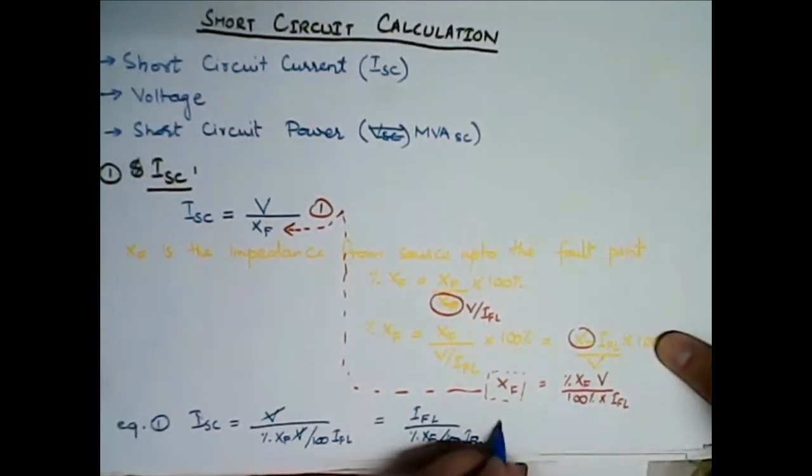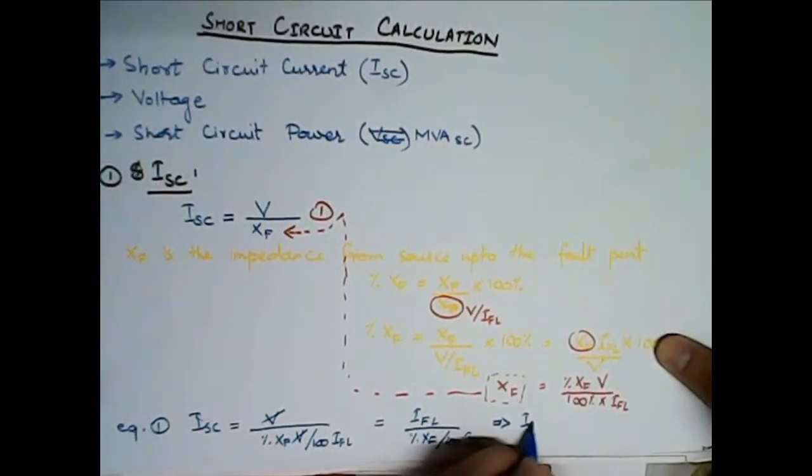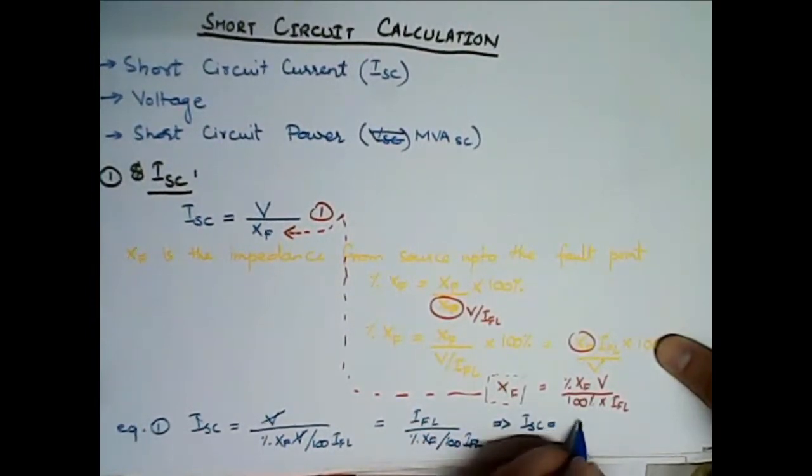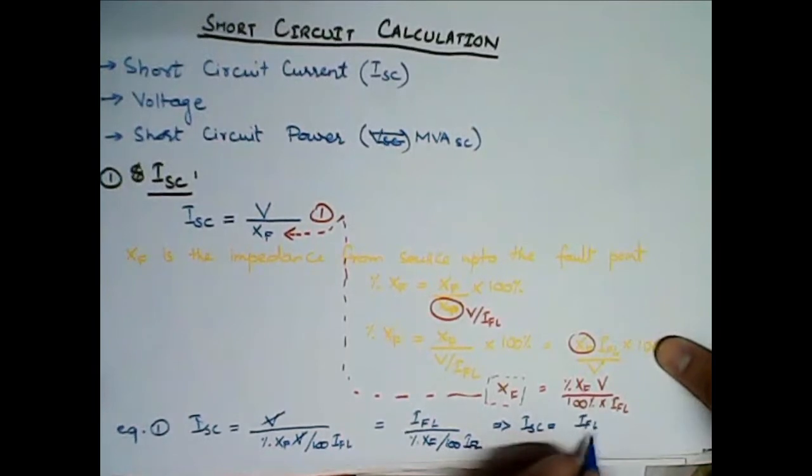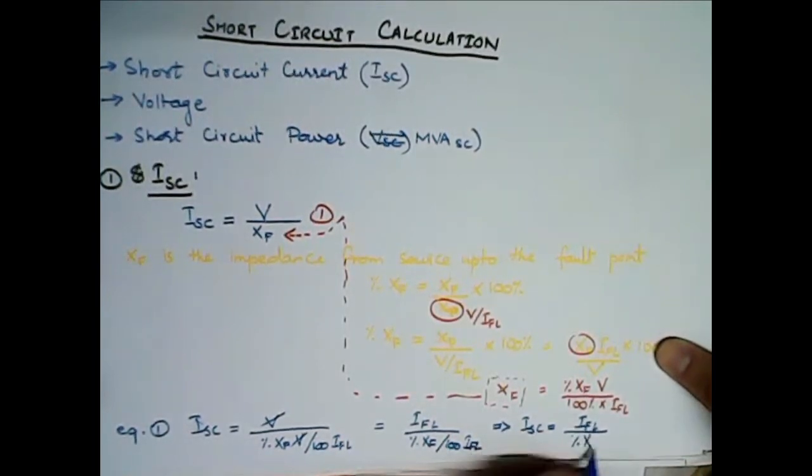Or we can rearrange it as the short circuit current is in actual equal to the full load current divided by the percentage reactance times 100.